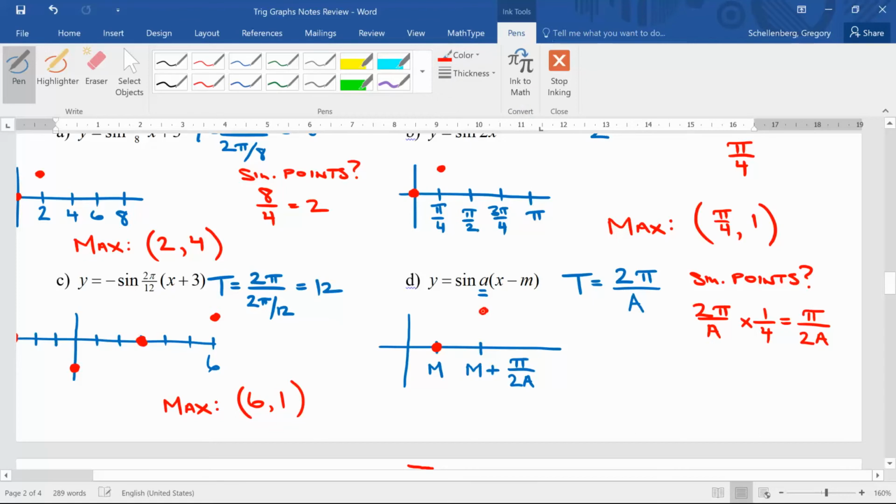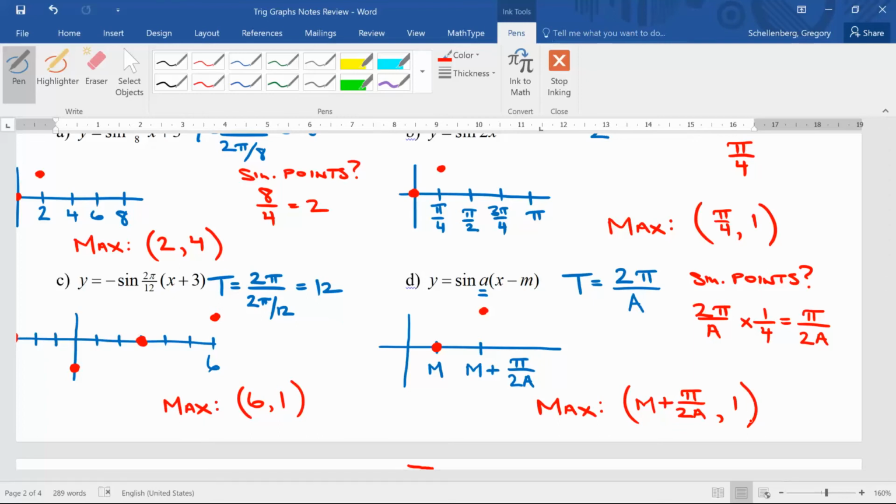It is a max point. So our answer here, the max, occurs where x is m plus pi over 2a. And what's the y coordinate there? It's just 1. Okay, q plus the amplitude, 0 plus 1 is 1.